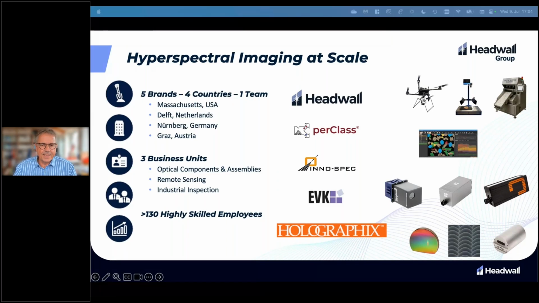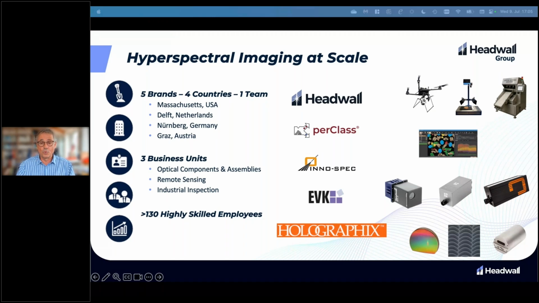Perglas in Delft, the Netherlands, makes fantastic software for industrial use and analysis of hyperspectral imaging. InnoSpec and EVK brought hyperspectral imaging into industrial applications. InnoSpec is based in Germany, EVK in Graz, and they also help us serve our customer base in Europe.